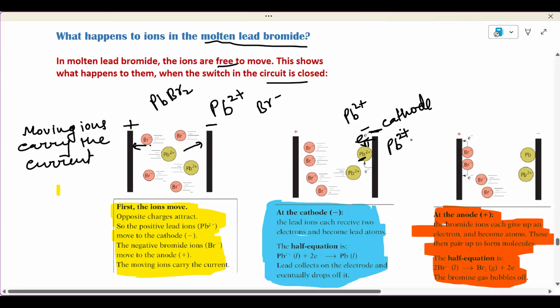Lead ion, after taking 2 electrons, becomes lead atom at the cathode. Students, please excuse me for my poor handwriting.